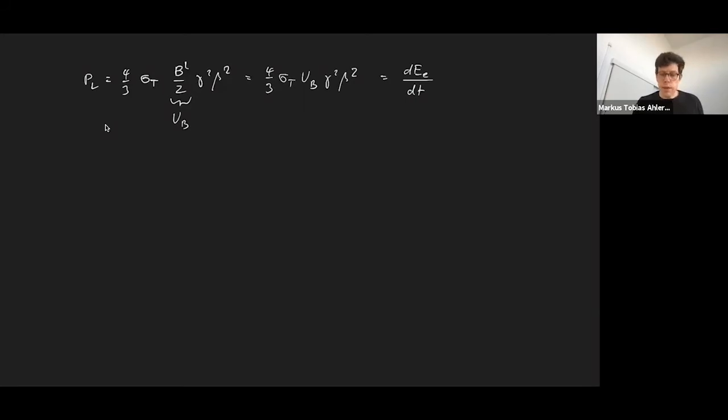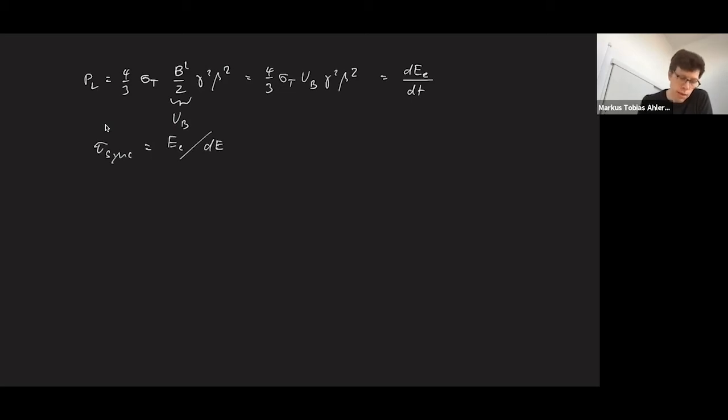So with this energy loss of the electron per time, we can define a new time scale. This will be the synchrotron loss time scale, tau synchrotron. This quantity is defined by the energy of the electron divided by the total power radiated away by the electron.